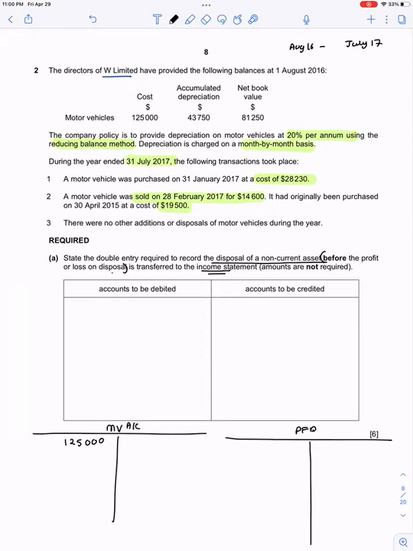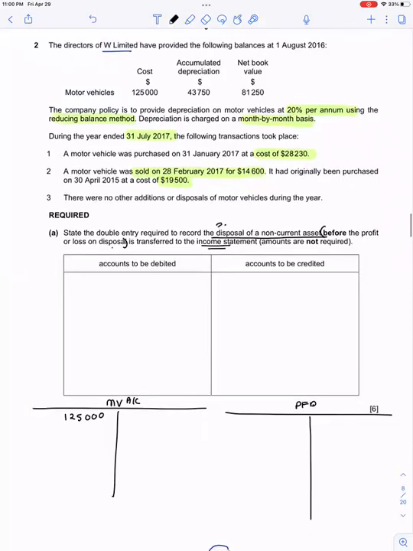I'm just doing as per the concept that I know. Just to see what journal entries are required for the disposal of the non-current asset before I transfer it to the income statement. Okay, let's see. Motor vehicle 125,000 and accumulated depreciation is 43,750.